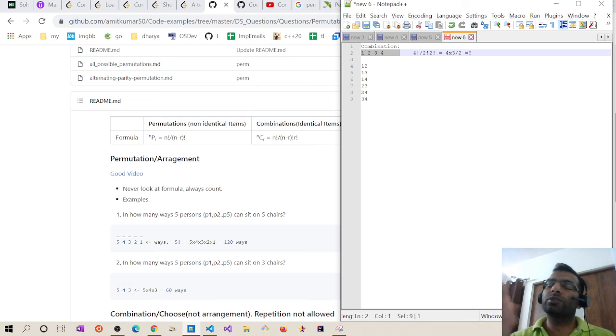Let's suppose three persons are standing, one wearing a blue shirt, one white, and one red shirt, and we ask the number of ways to choose any two people. You can choose red and white or white and red. Both mean the same because it's not arrangement. They are not arranged specifically.